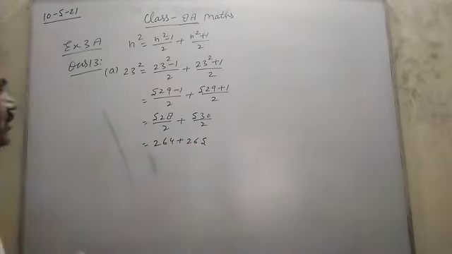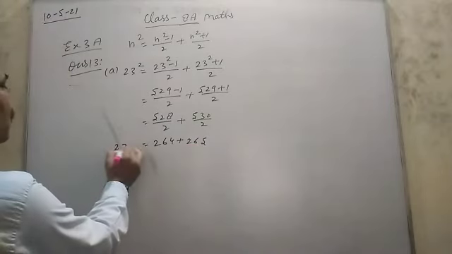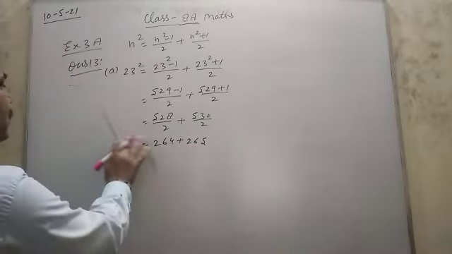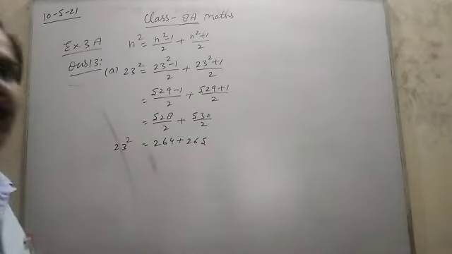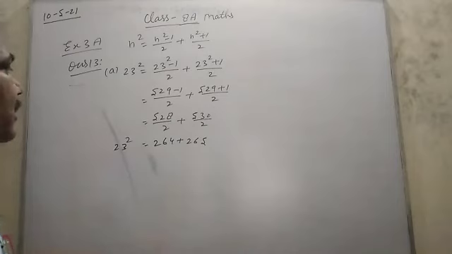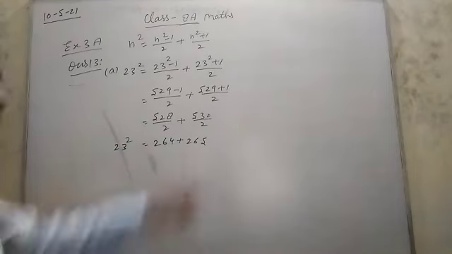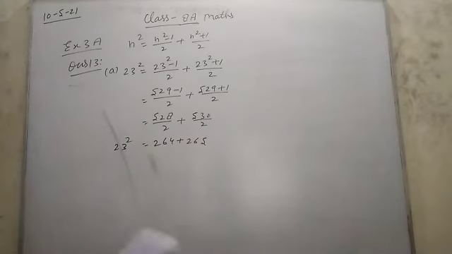So 264 plus 265. So 23 square is represented as the sum of two consecutive natural numbers, 264 and 265. Okay. So 3A 13.